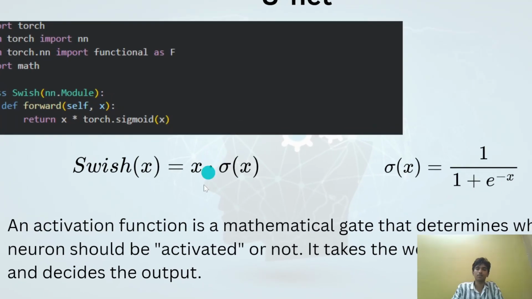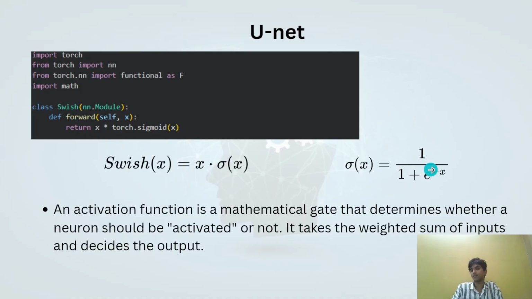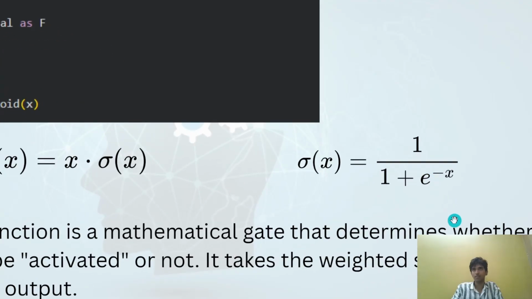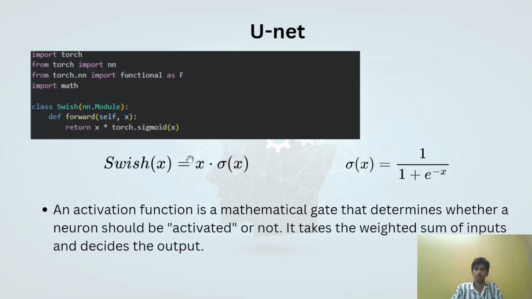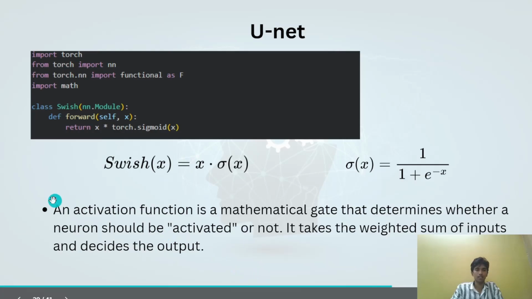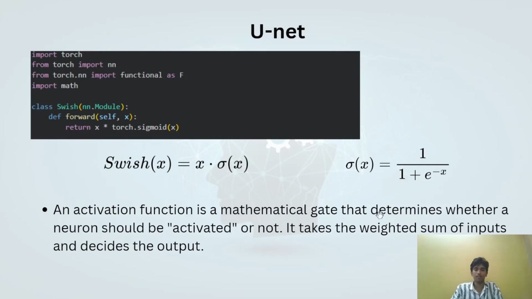And since we multiply x with sigma of x, if x is positive, the value of this activation function will be x itself. If the value of x is negative, then the value of sigma of x will probably shoot up, and the value of the activation function will become 0, which means the neuron will not be fired. As I said, the activation function is a gate that determines whether or not the neuron should be activated.